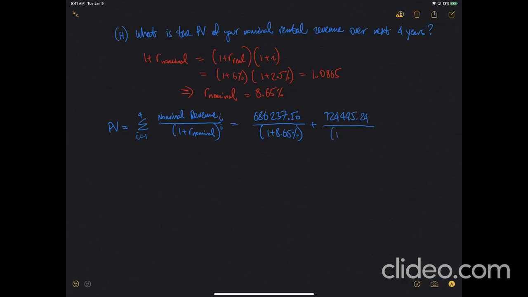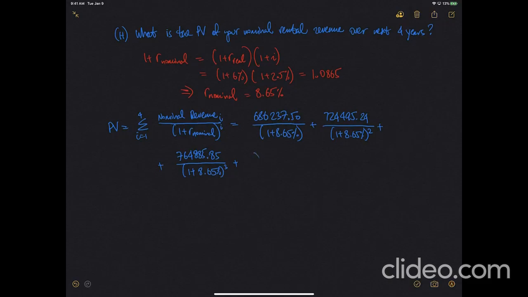We're dividing it by 1 plus our nominal discount rate, 8.65%, raised to the power 2, again because this revenue occurs in year 2, plus, continuing, nominal revenue in year 3 is $764,885.85, divided by 1 plus 8.65%, raised to the power 3.